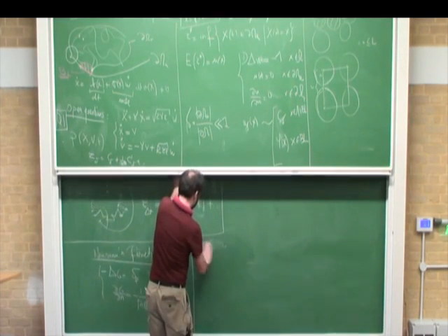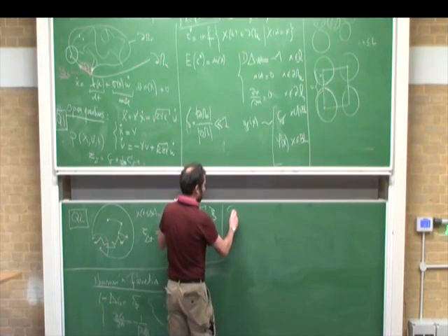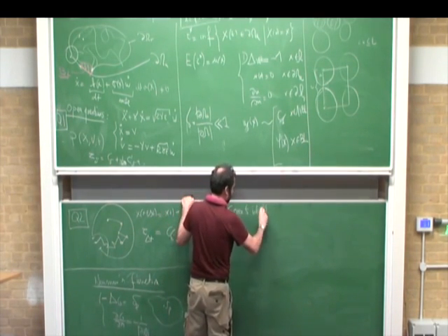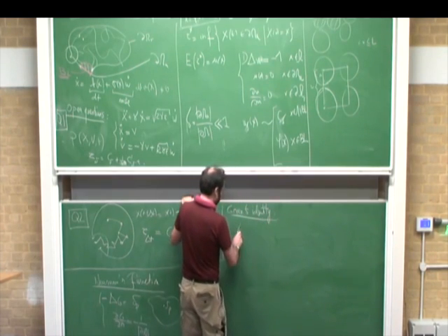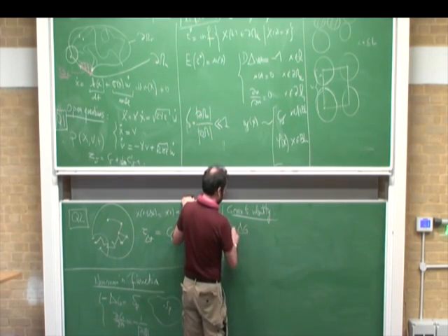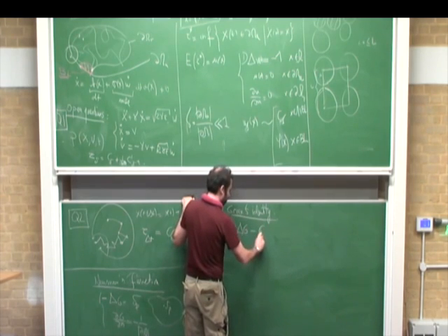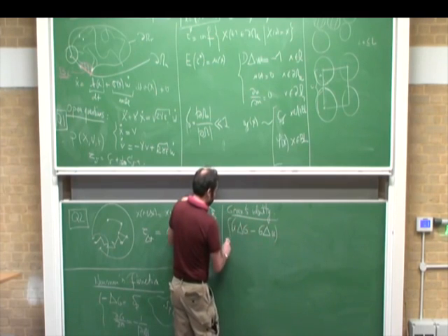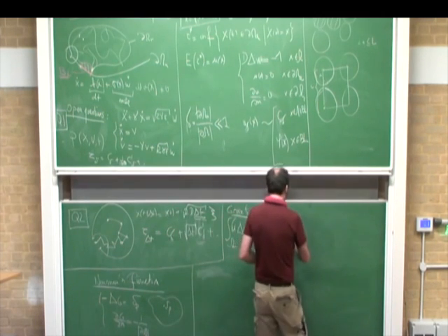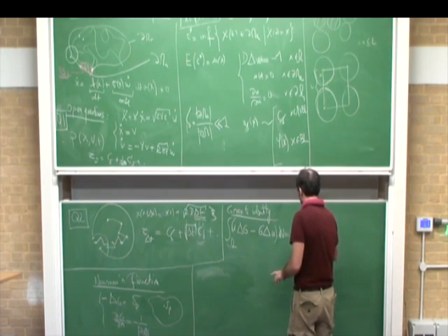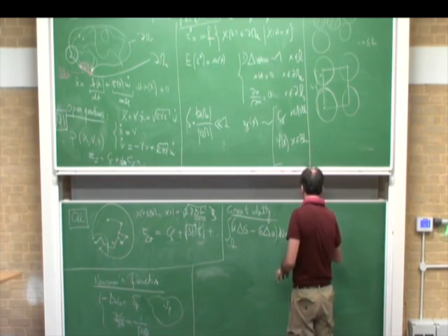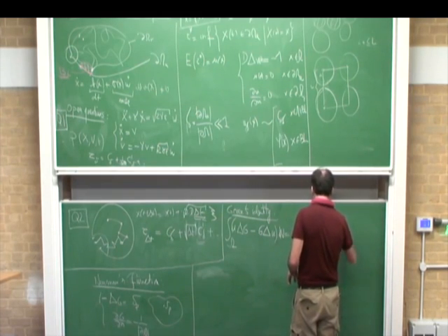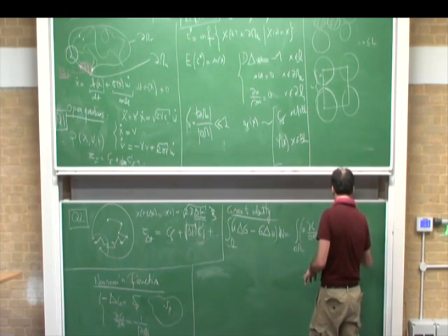Actually, I can go up. So Green's identity is: the integral of (Laplacian g times u minus g times Laplacian u) over the domain omega, dV, equals the boundary integral of (u dg/dn minus g du/dn) ds.